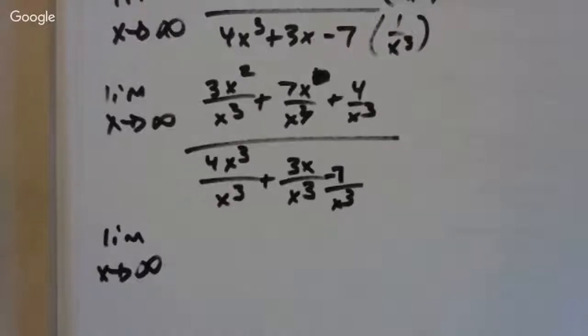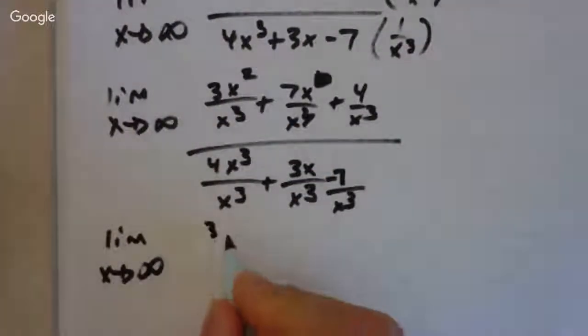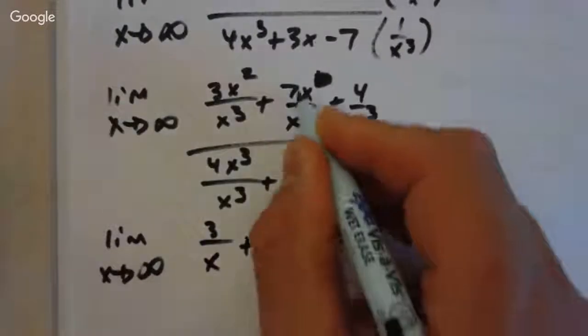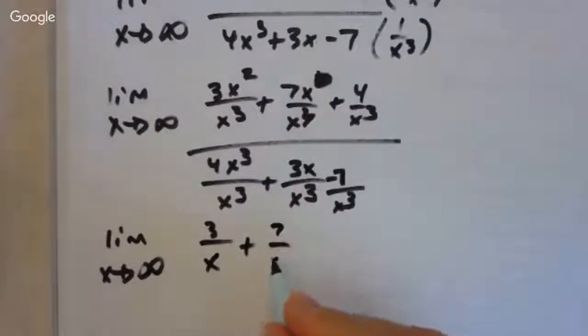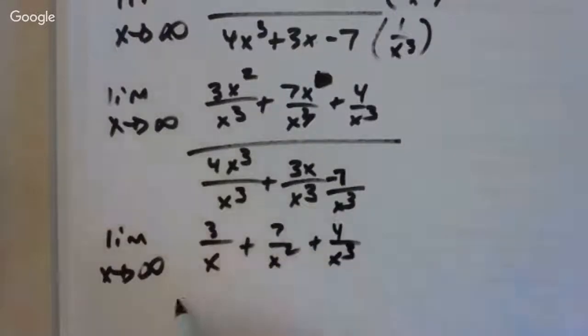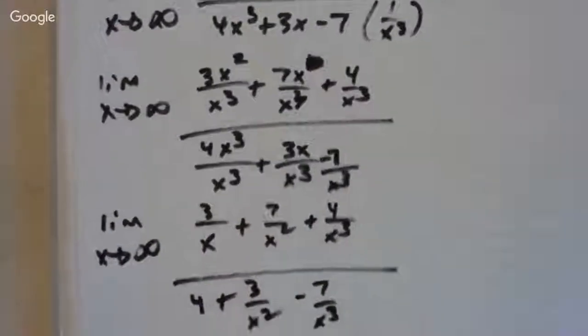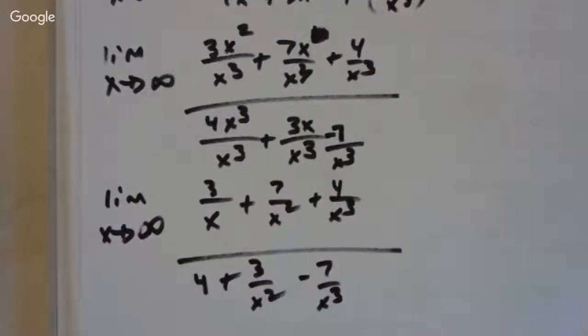Now that we're in calculus, we're doing it the calculus way, which involves using limits. So 3x squared over x cubed gives me 3 over x, plus those cancel to give me 7 over x squared. Those cancel to give me 4 over x cubed. Those cancel to just give me a 4. Those cancel to give me 3 over x squared. And those cancel to give me 7 over x cubed. Have I done any calculus yet? No, 100% algebra.